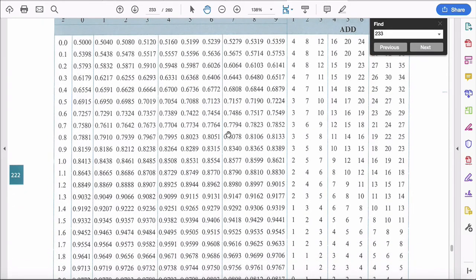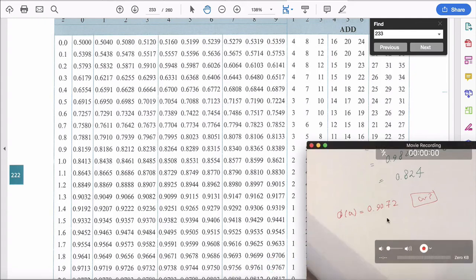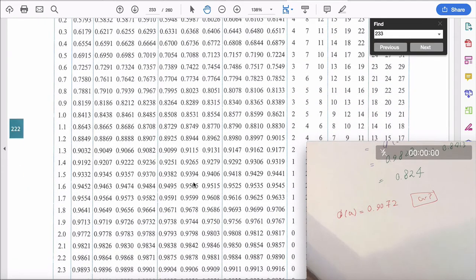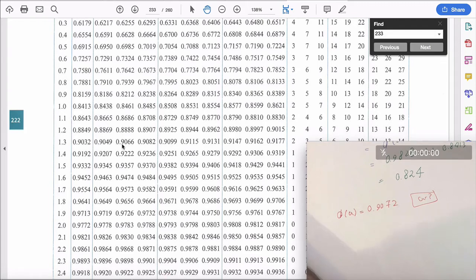Now, what was the number here? 0.9072. Let's see what gives you 0.9072. 0.907, here we are.